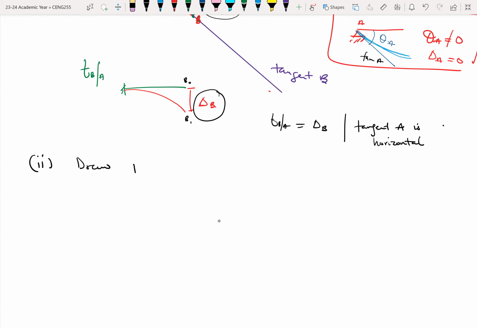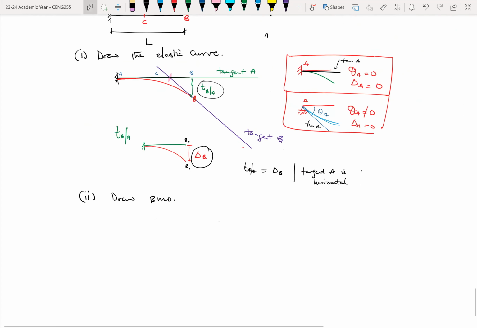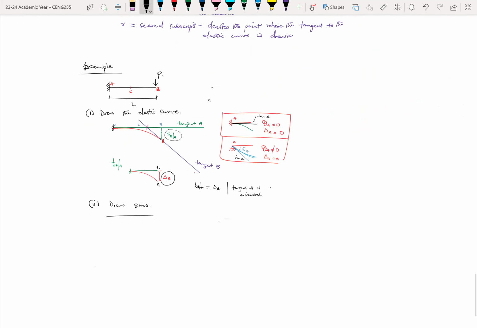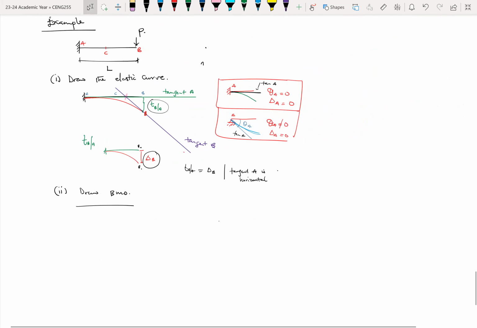So again, the first thing to do is to draw the bending moment diagram. So you take your structure and then draw the bending moment diagram, which again will be this shape right here. So this is again minus PL over EI, so that you are drawing the M over EI diagram. So now to find TBA is the moment of the area, right?